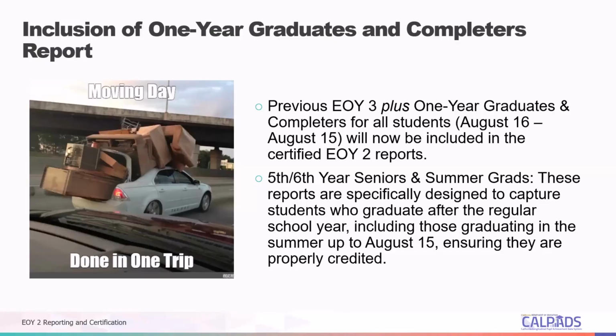It also allows us to marry the cohort data pool and the one-year grad pool together. So the benefit of the one-year grad report is that early graduates and late graduates, like six-year seniors, are represented in counts that the LEA can see. This data is publicly available on DataQuest.